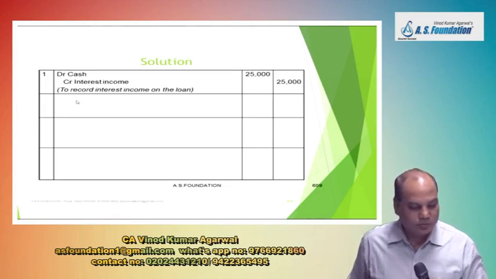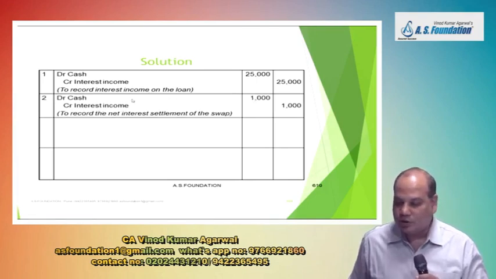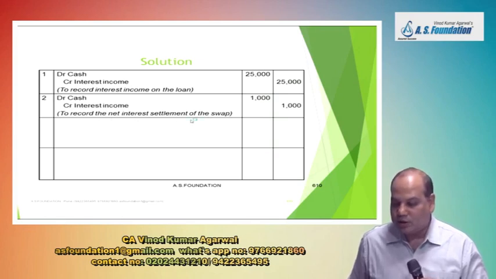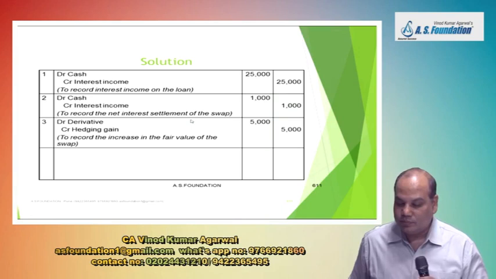Check the answer. Cash or bank account debit 25,000 to interest income 25,000, being interest income recorded on the loan. Cash or bank account debit 1,000 to interest income 1,000, being net interest settlement of the swap.